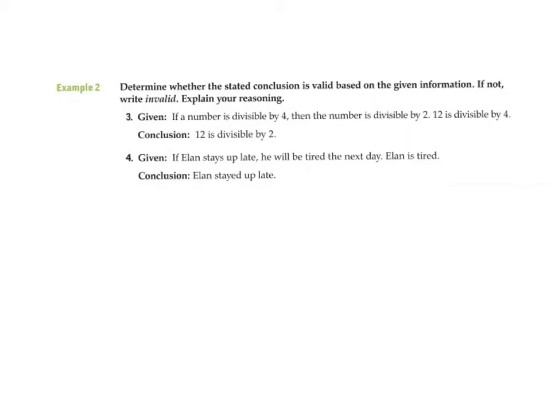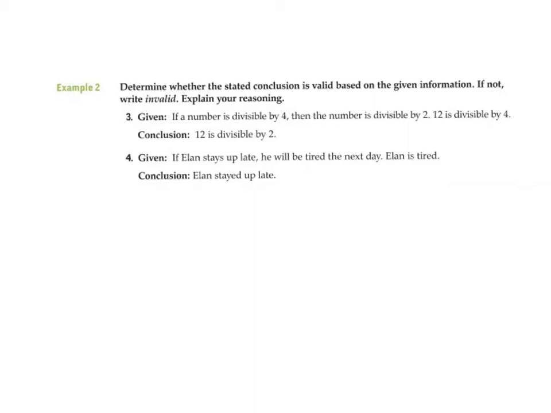Okay, and then we're going to use the law of detachment at the same time. It says if a number is divisible by 4, then the number is divisible by 2. We know that because 2 goes into 4 and every multiple of 4. Well, 12 is divisible by 4. So there's the statement.